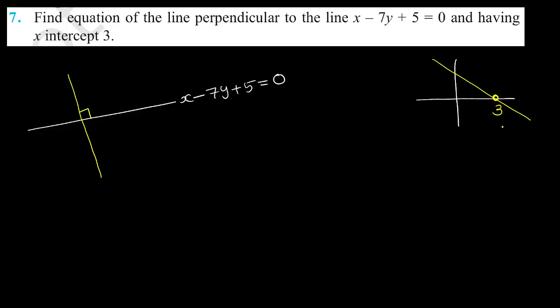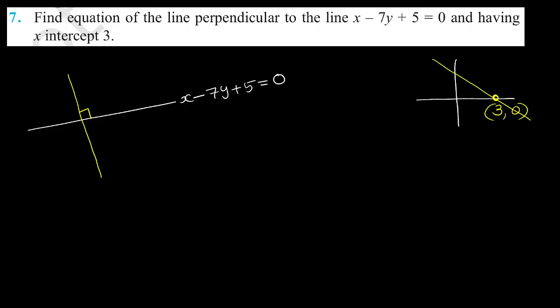X-intercept means it is the position at which the line cuts the x-axis. So the line cuts the x-axis at 3, or in terms of coordinates, the line passes through 3 comma 0. Can I say like that? You agree with me? Clear?